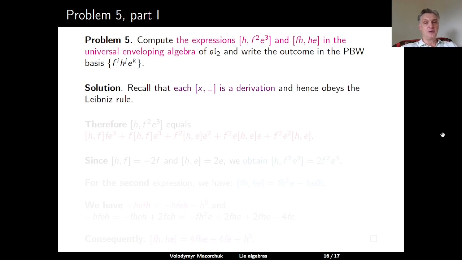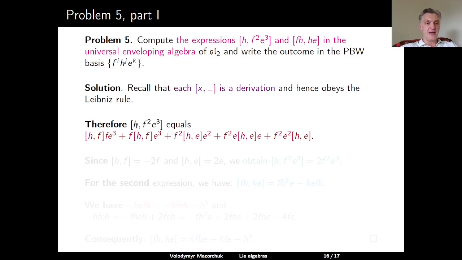Recall that the adjoint operator is a derivation, and so it obeys the Leibniz rule. If we apply the bracket with h to something, the outcome is equal to the sum of applying the bracketing with h to each individual factor in our monomial.